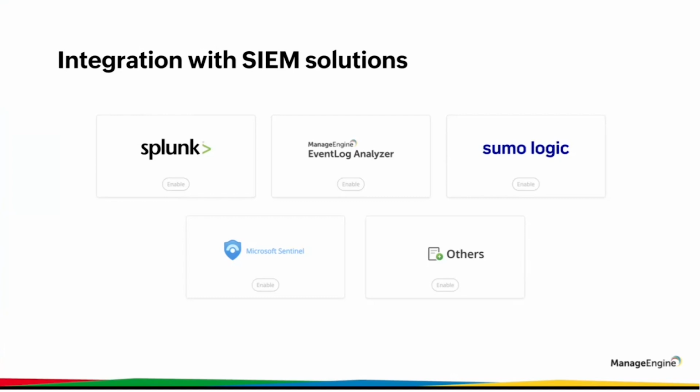These aren't just the 4 solutions that you can integrate with. You can also integrate with any custom SIEM solution out there by selecting the Others tab from PAM360's interface.